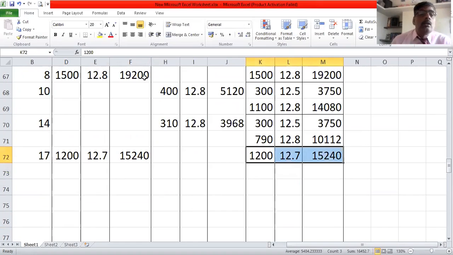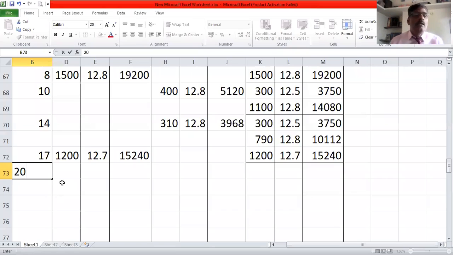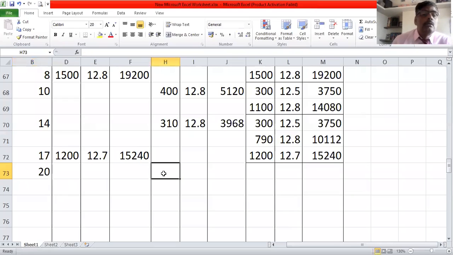Then on the 20th there is an issue. You put an underline. Date is 20, issue is 1400 units.